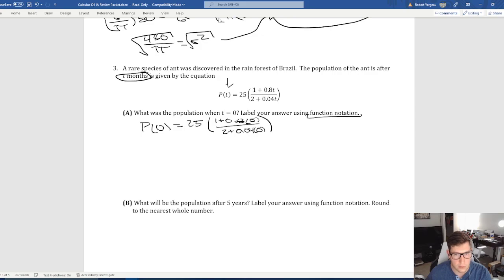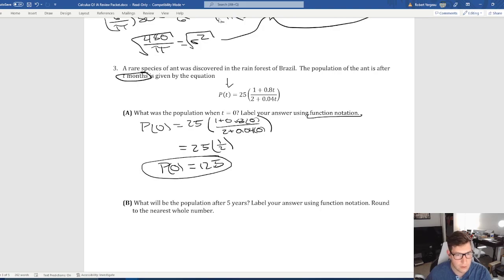Those lovely decimals are going to go away. And so what I really have is 25 times 1/2. And so P of 0 is going to equal 12.5.